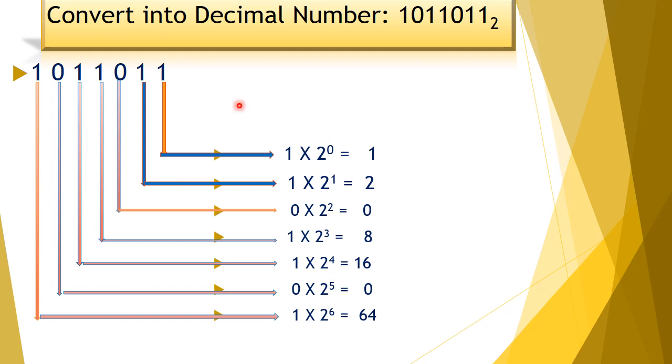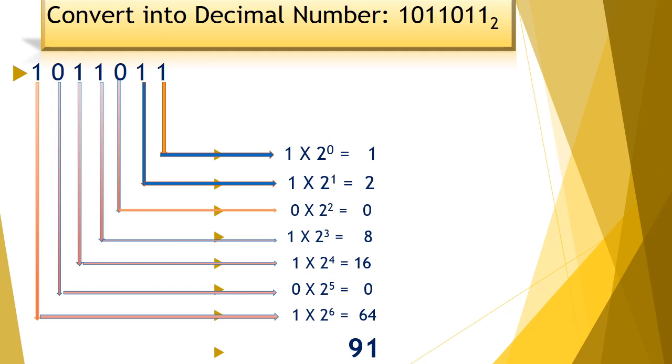When the multiplication procedure is over, we need to add all the products obtained and get the sum. When all these product values are added, we get the sum here in this example, 91.